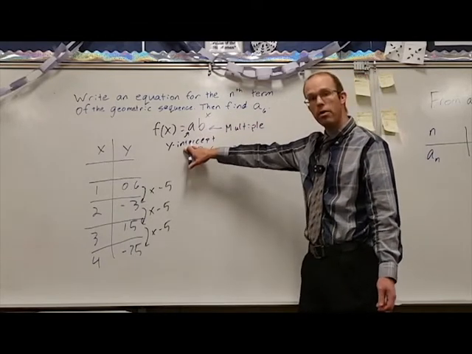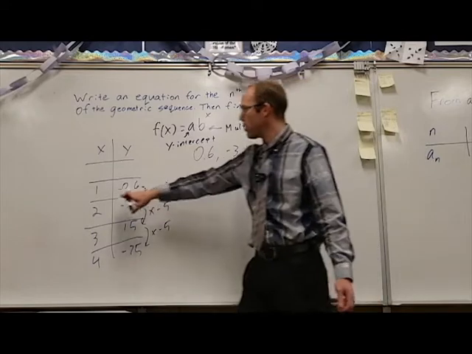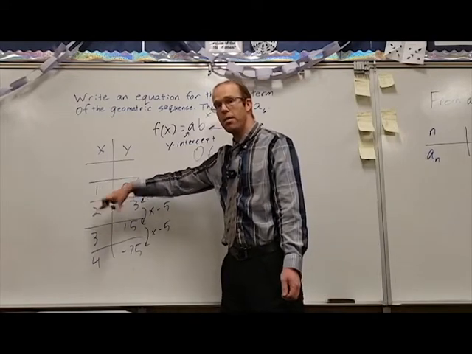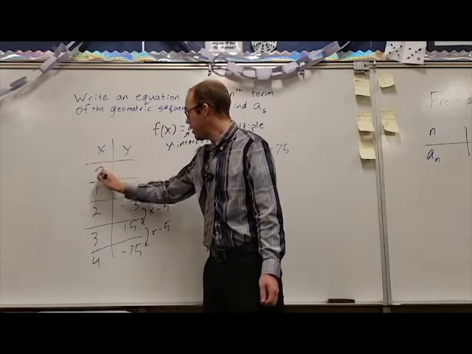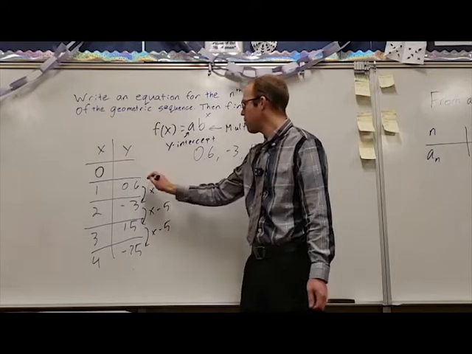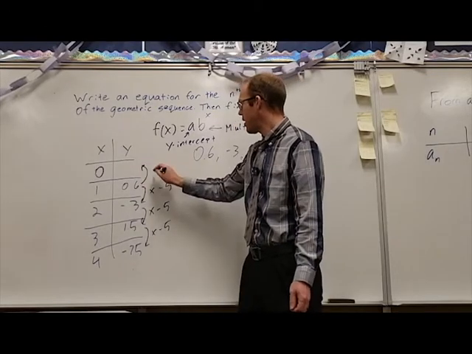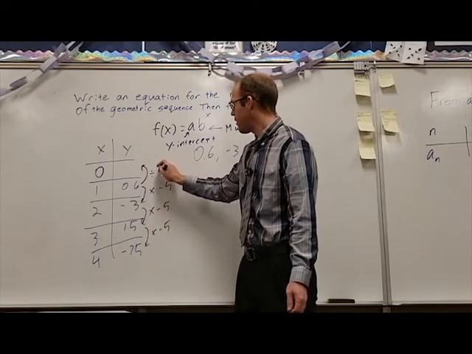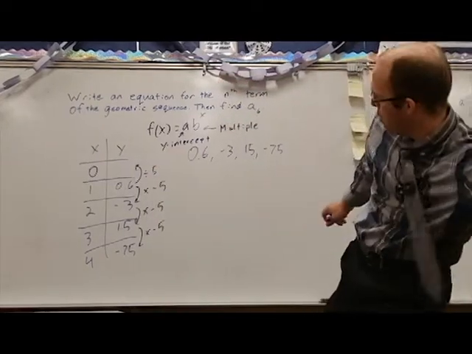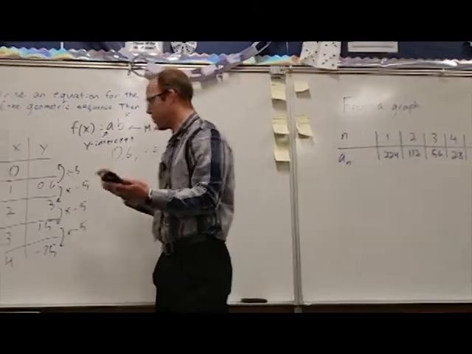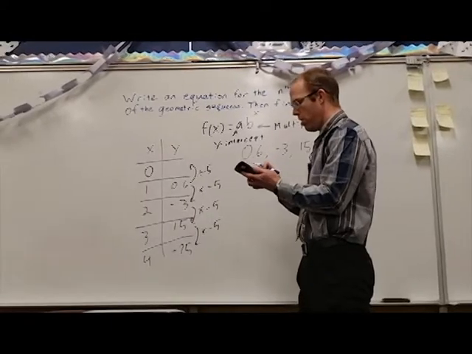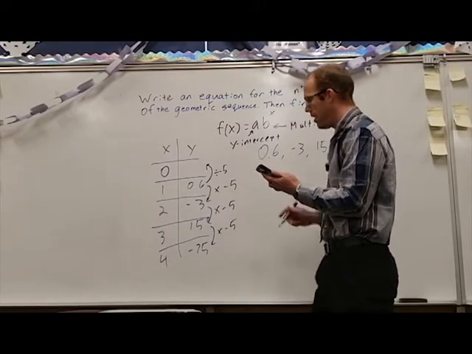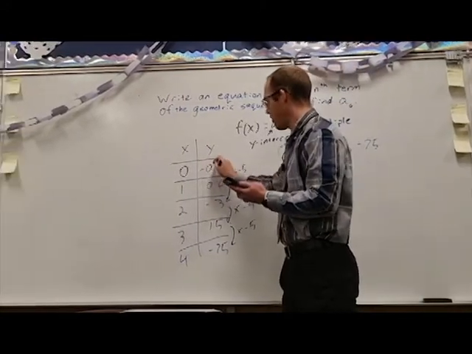We need our y-intercept, and if you remember from sequences, we start with the first term. That means that we need to go back one step to find that y-intercept right here. So if we go back one step by dividing by -5, 0.6 divided by -5 is negative 0.12.